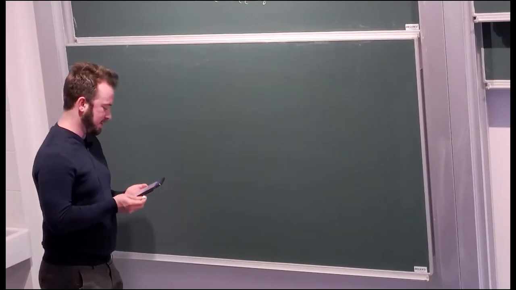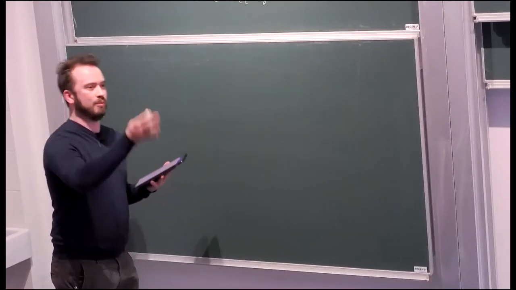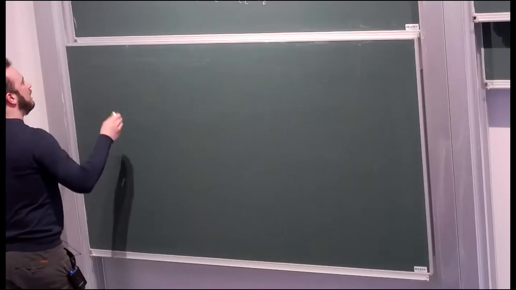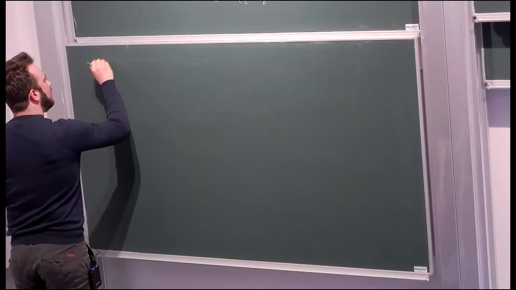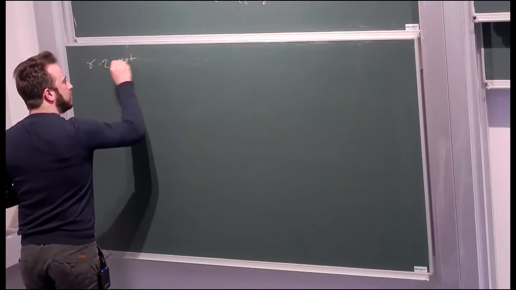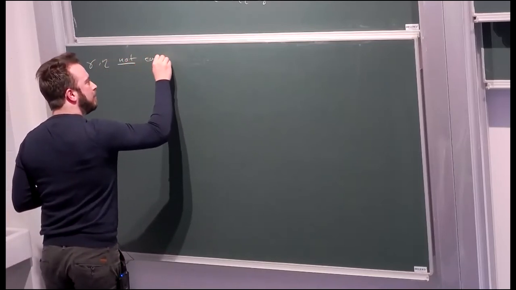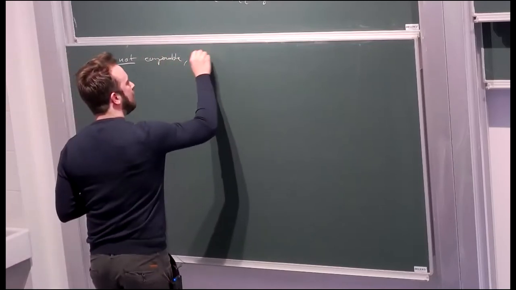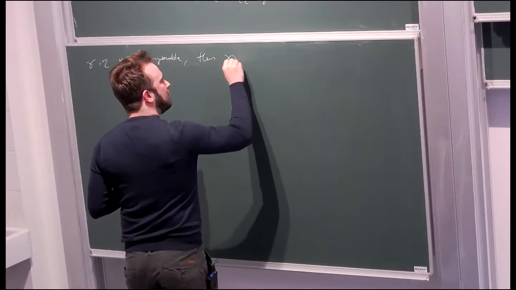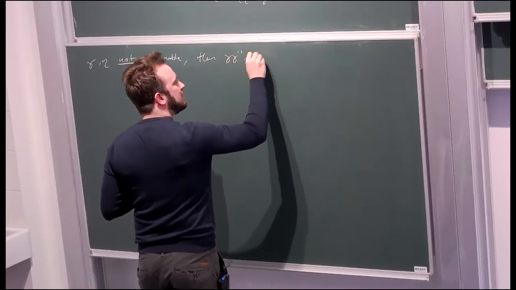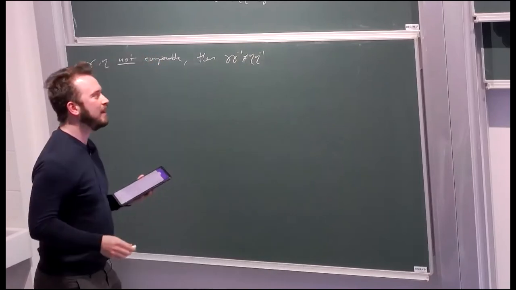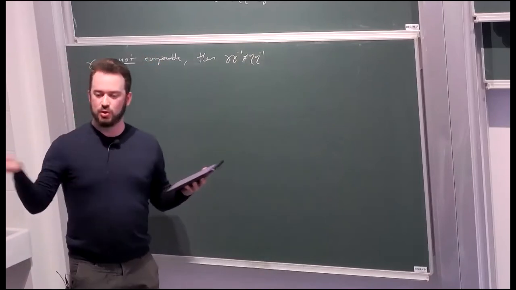So the part where this really starts to depart from groups is that if gamma and eta are not composable, then gamma inverse is not equal to eta inverse, and all of a sudden you have two identities.